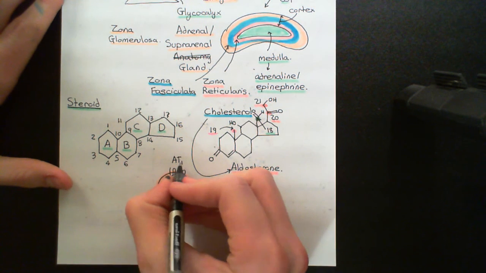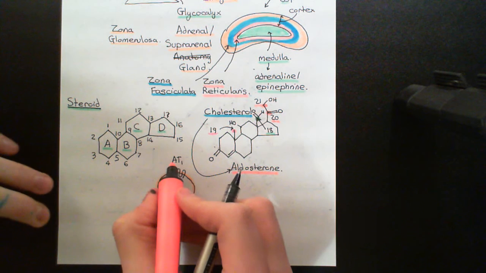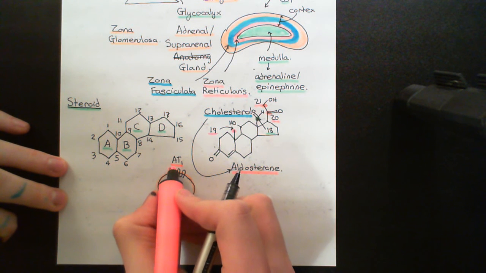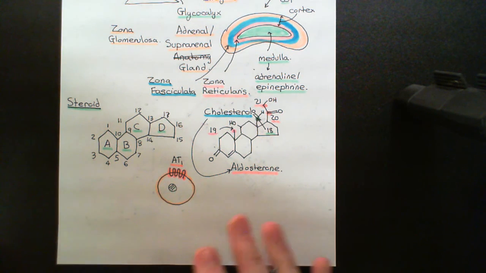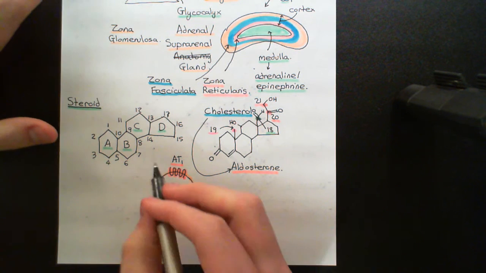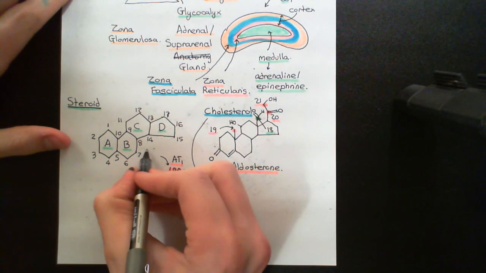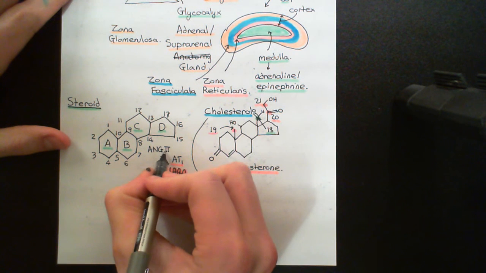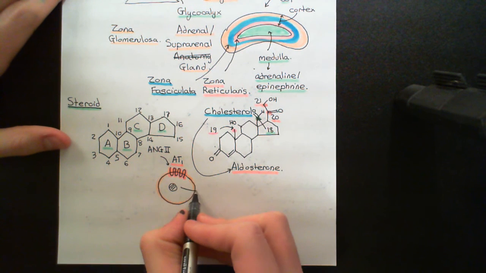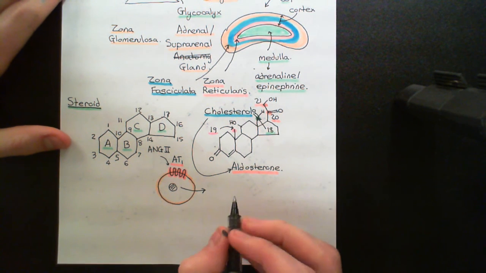So here is the AT1 receptor on the surface of the Zona Glomerulosa cell. And when angiotensin 2 goes up in the bloodstream, these Zona Glomerulosa cells are going to be receiving more stimulation now. So this is going to be angiotensin 2 stimulating this receptor. And that then drives increased synthesis and secretion of aldosterone.